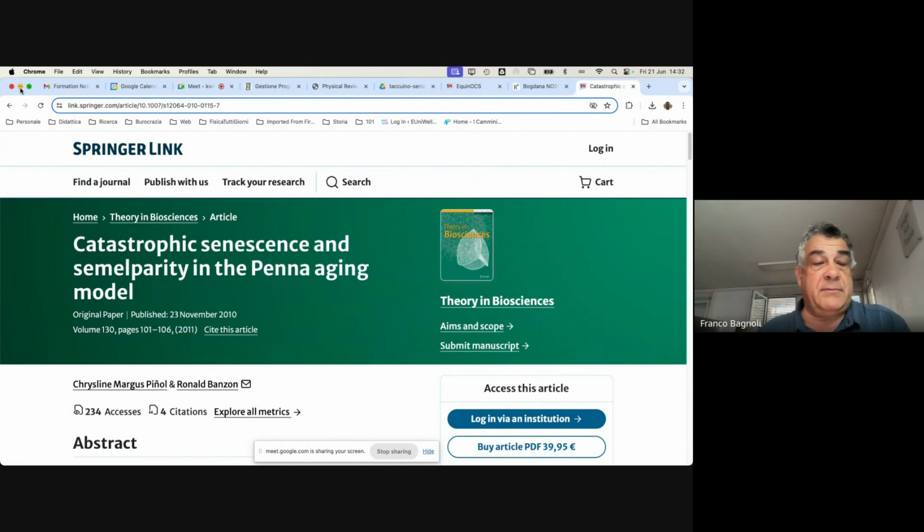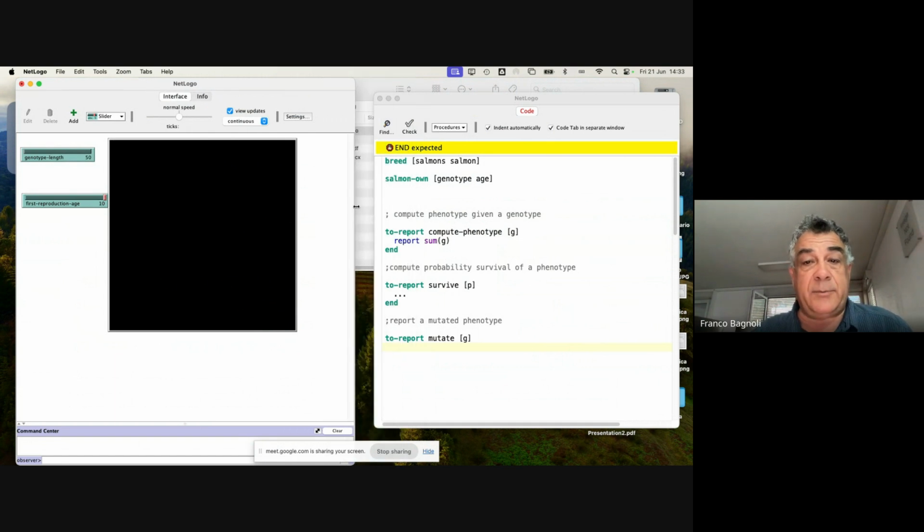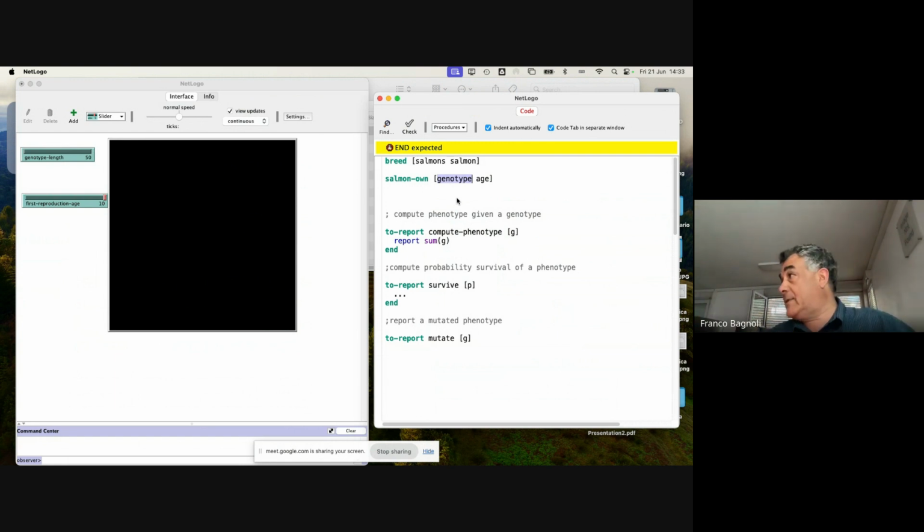And so this model tried to develop a simple representation, a simple model that could reproduce this. The idea is the following. Salmon has a given genotype, a string of bits. At each age, they activate one of these genes.